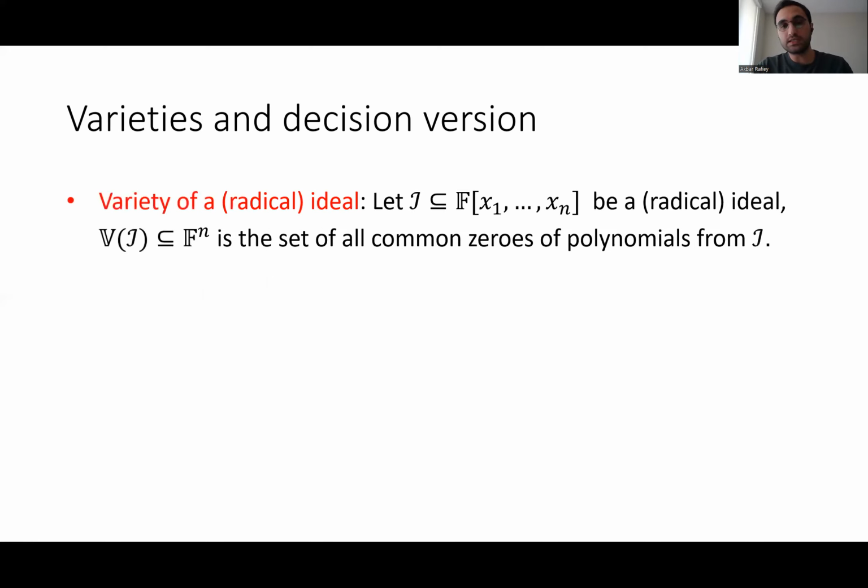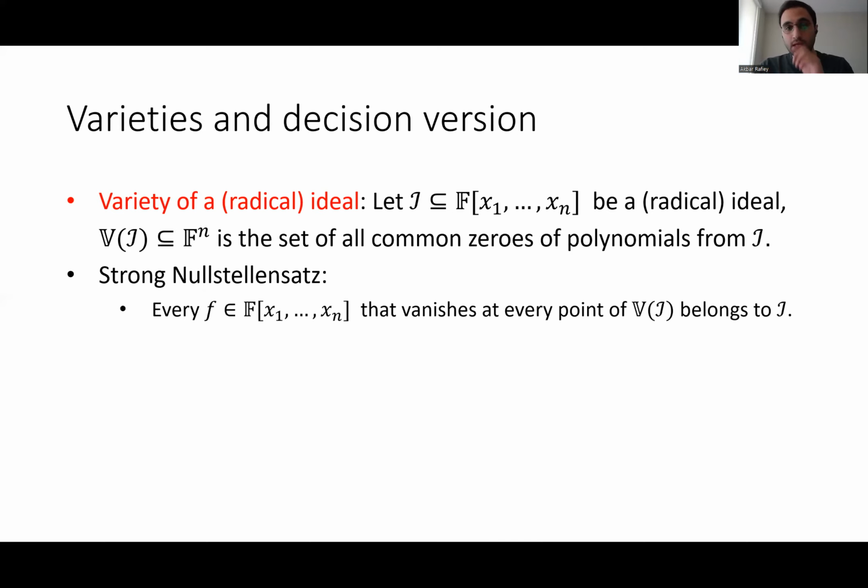But if we are only interested in the decision version of the problem, then we deal with varieties. What is a variety? A variety of an ideal is the set of all common zeros of polynomials in the ideal. The strong Nullstellensatz tells us that every polynomial that vanishes at every point of the variety belongs to the ideal.